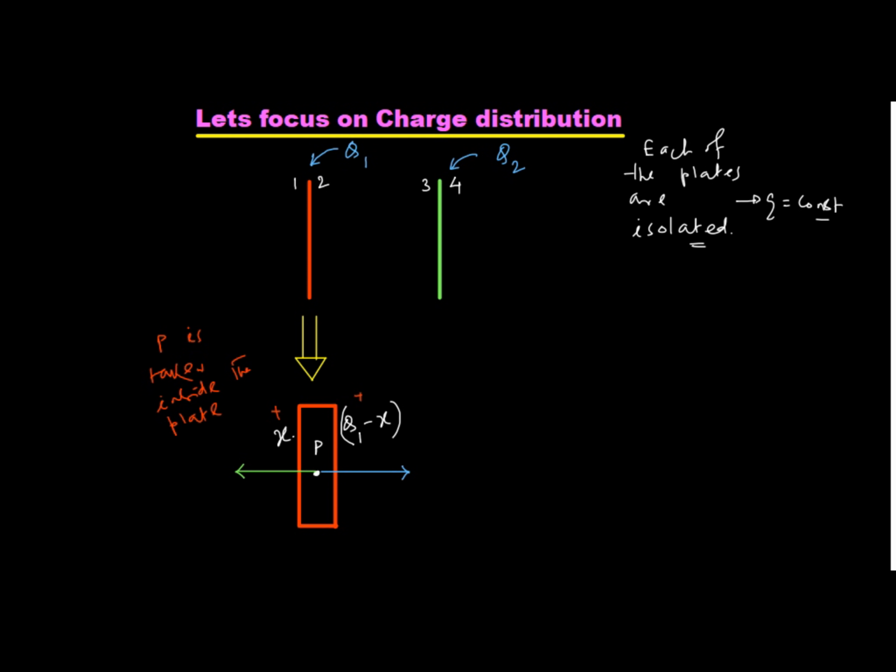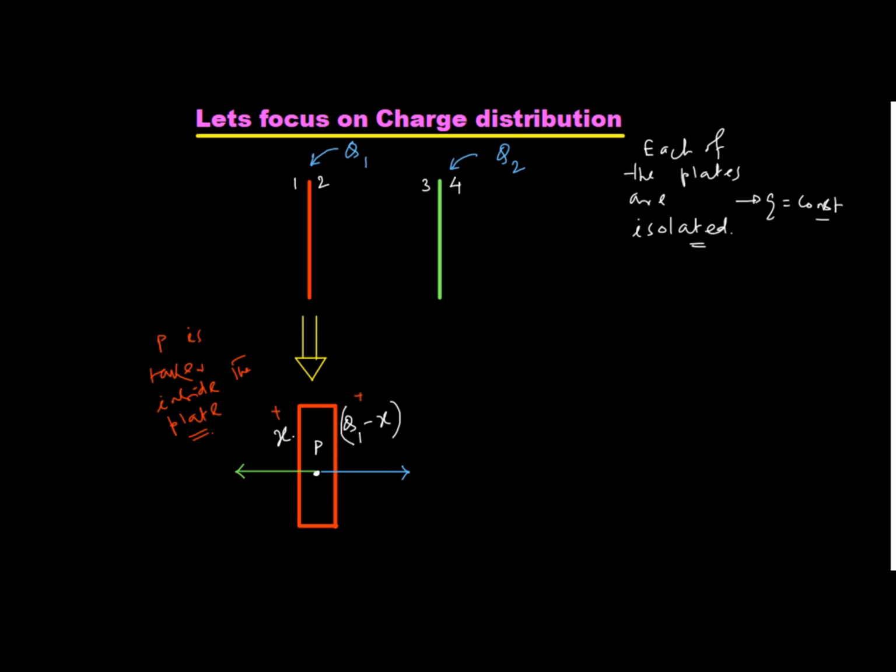Now for conductors, we know charges always reside on the outer surfaces. No charge will reside inside the conducting plate. So basically, if I take a Gaussian boundary surrounding P, there is no charge. So flux has to be 0, so electric field has to be 0 at point P.